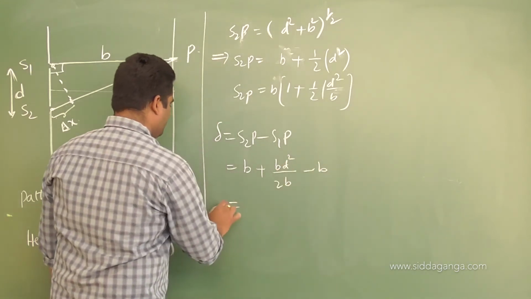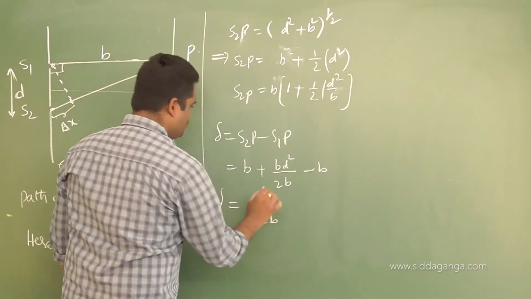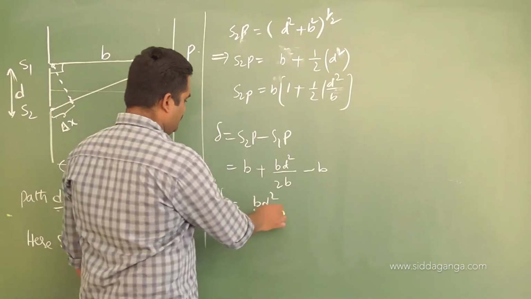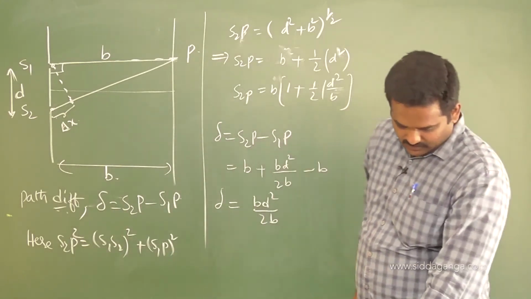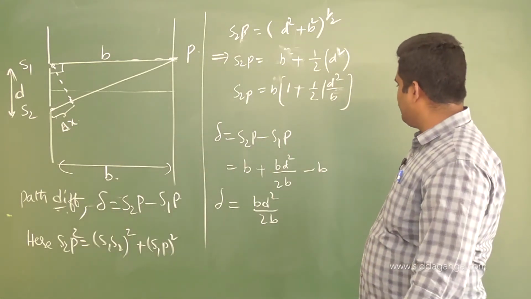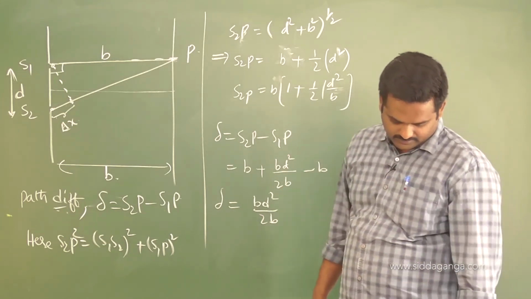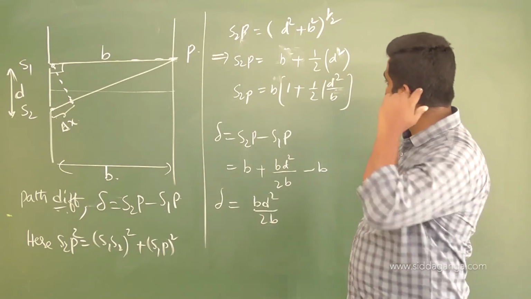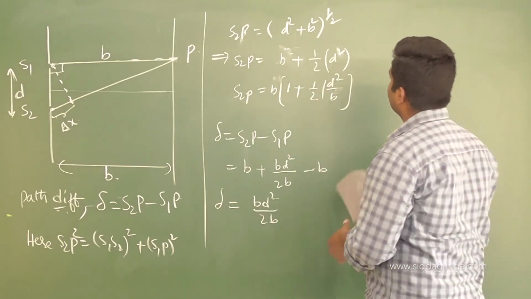So if you solve for it, the path difference delta will be equal to, Bd square divided by 2B squared, sorry, d square by 2B is what you are going to end up with. I think this binomial expansion we made here, is it correct?